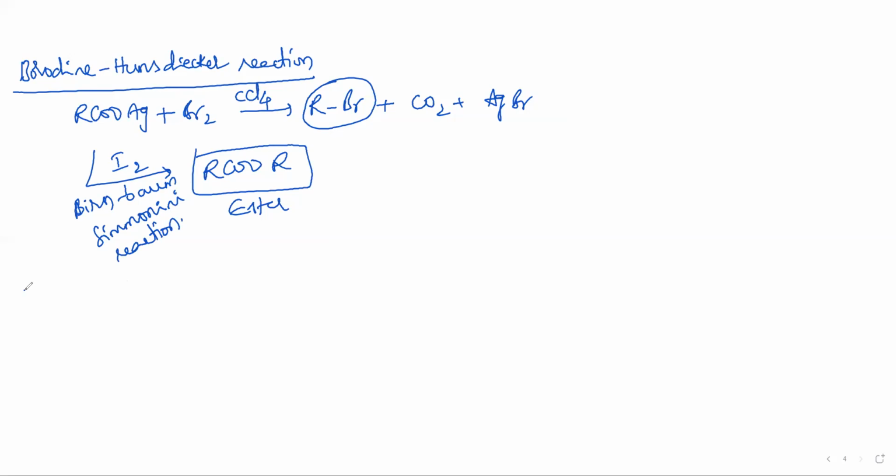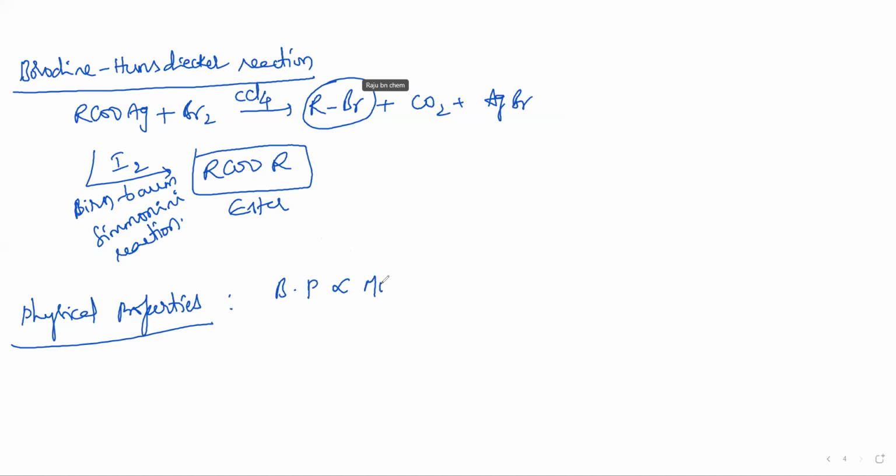Next, physical properties. I'll give you one generalization regarding physical properties, so that you can use it for all other compounds also. Boiling point is directly proportional to molecular mass.